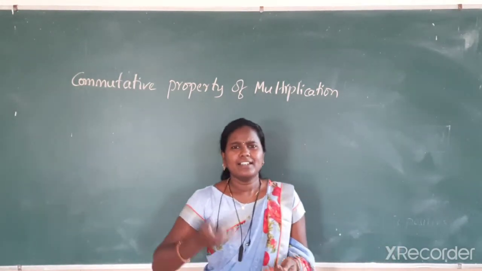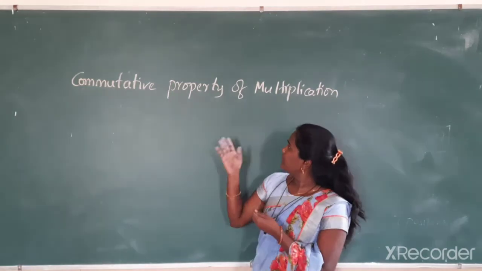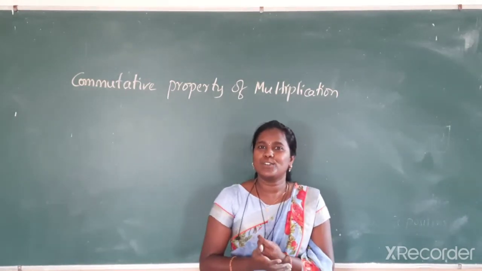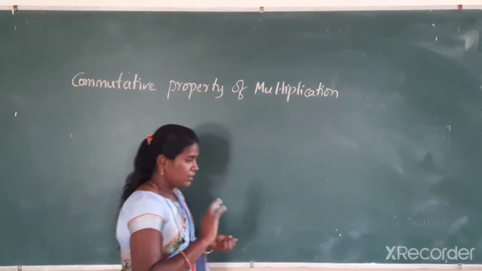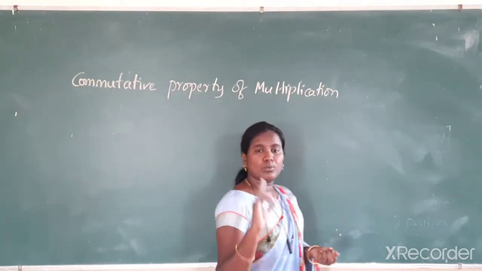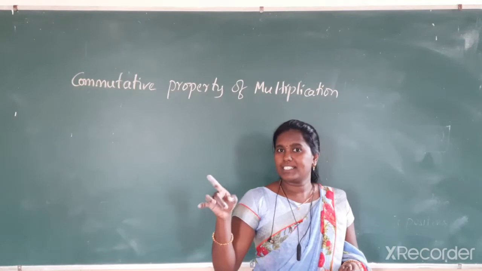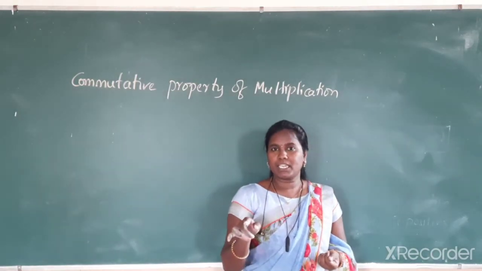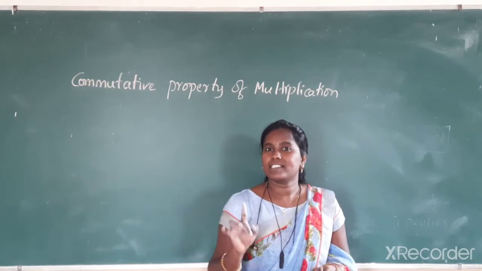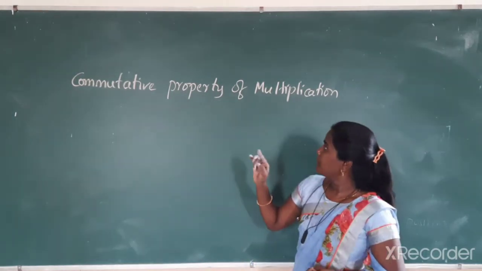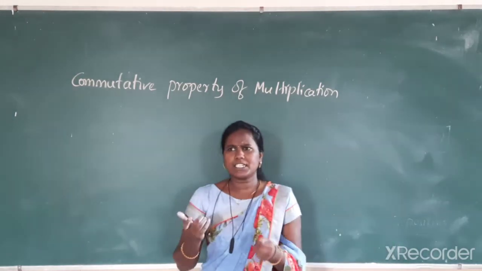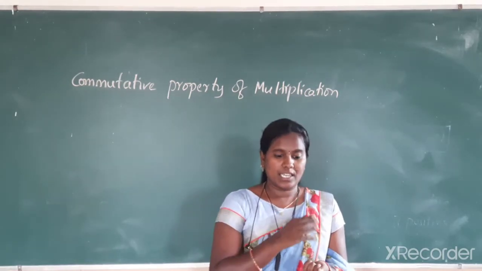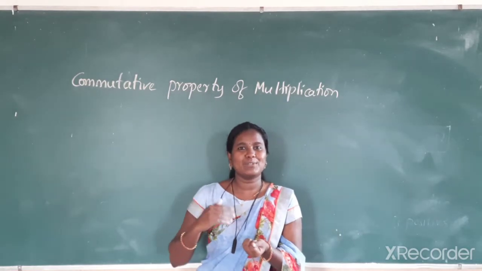Now, does the commutative property of multiplication hold good for integers or not? The commutative property for addition was a plus b is equal to b plus a, and for subtraction a minus b is not equal to b minus a. For multiplication, it should be a into b equal to b into a. Let us check whether a into b is equal to b into a or not.